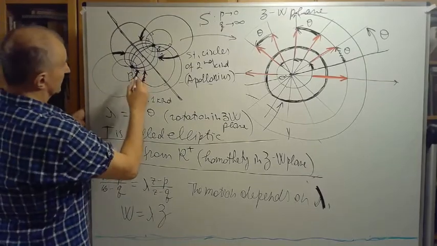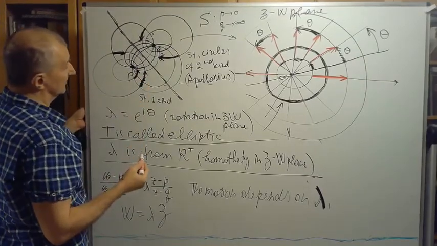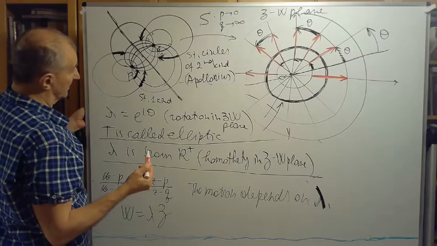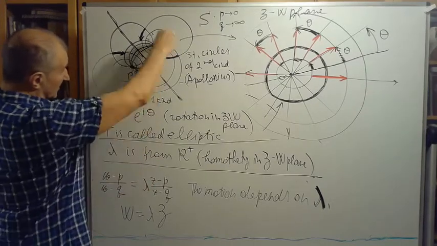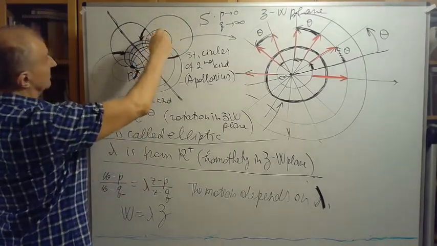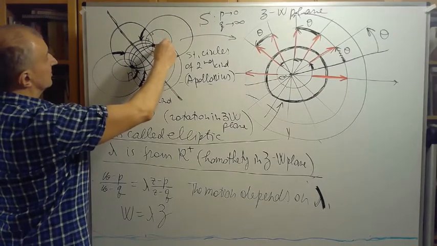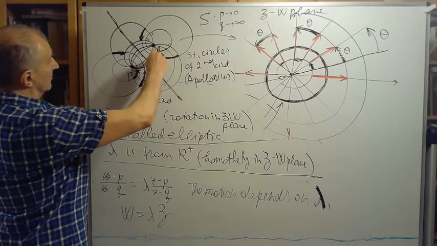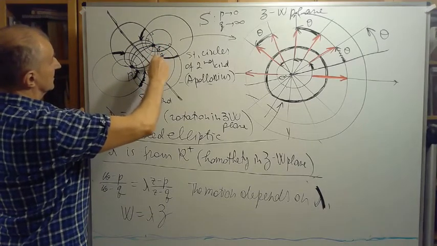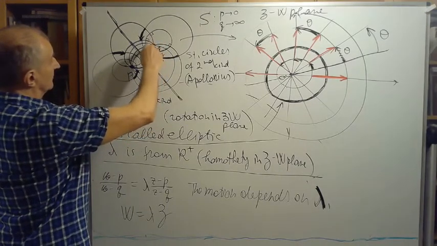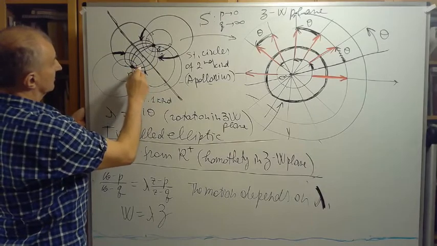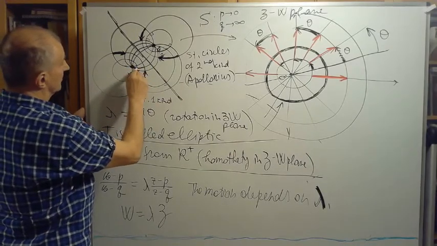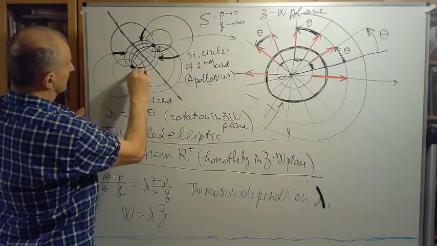So what happens? You go along the circles that are straight lines from one of these orthogonal circles to another. It will look like this, for instance, from one orthogonal circle to another.